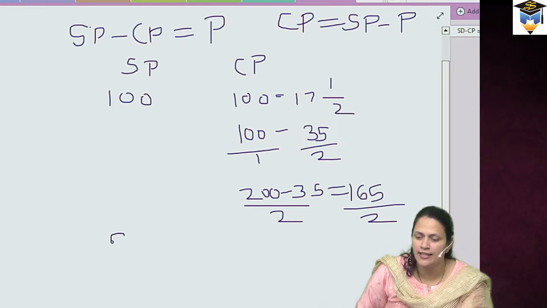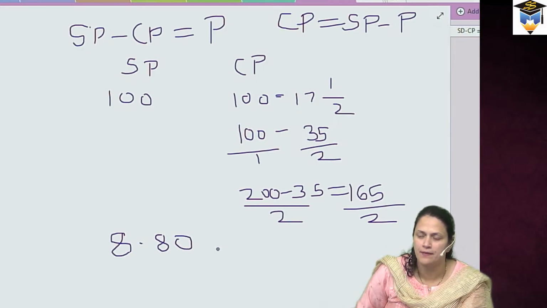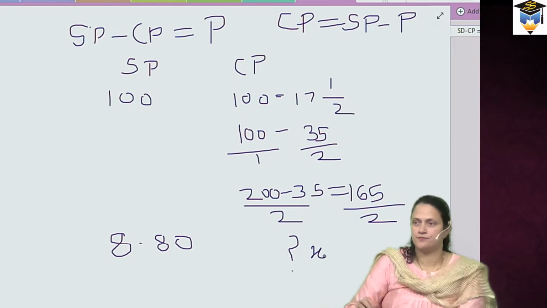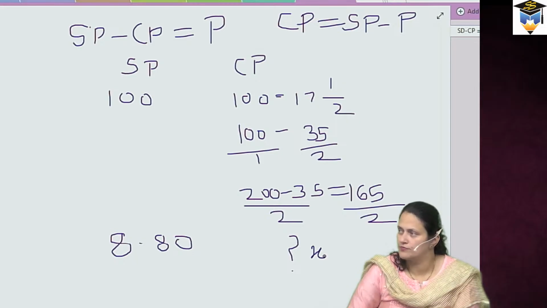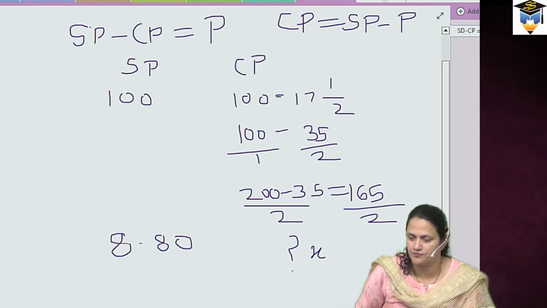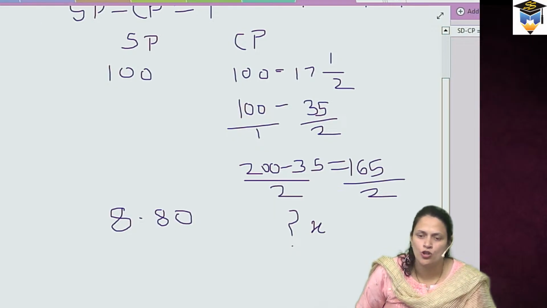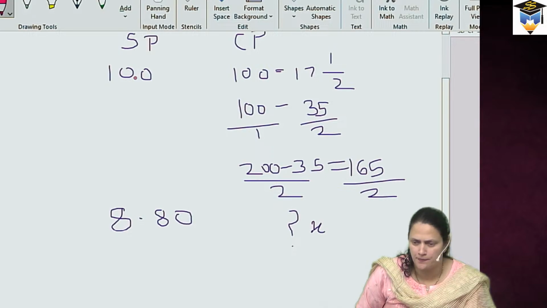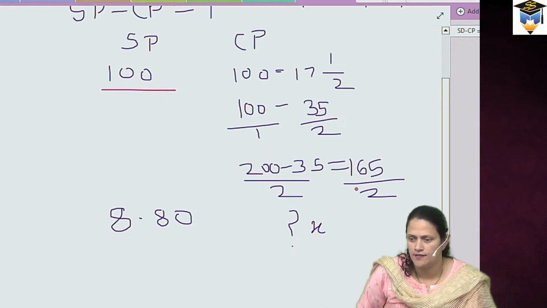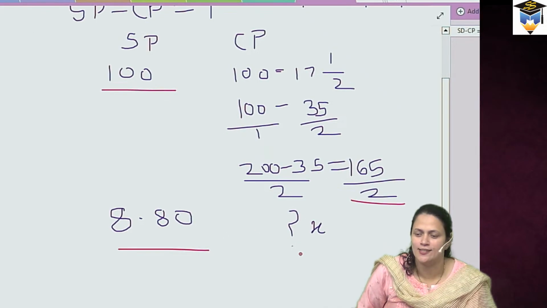Now SP is again given to us as 8.80 and we have to find out the value of CP. So cross multiply these two parts, this and this.